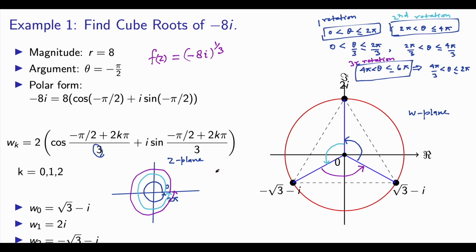So F is a map from the Z plane to the W plane, mapping Z to that W. The reason here is that this is a multiple valued function.